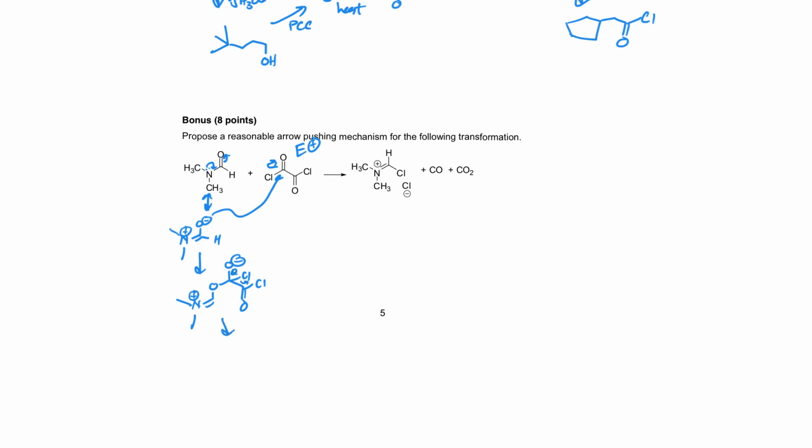I know that one of the byproducts is a chloride, so that takes care of that. And then I could take that chloride, attack the carbon to nitrogen double bond. So I know I need to install a chlorine on that carbon.